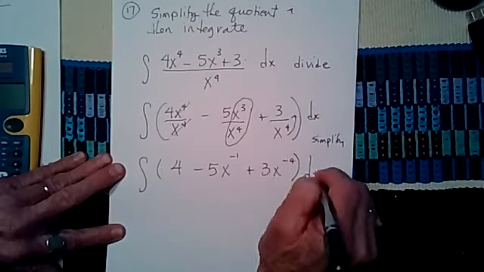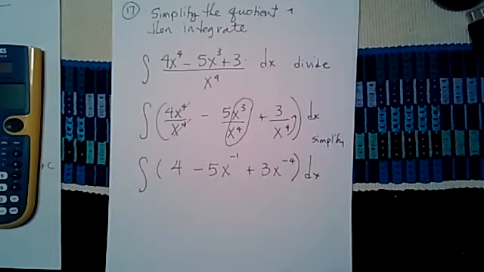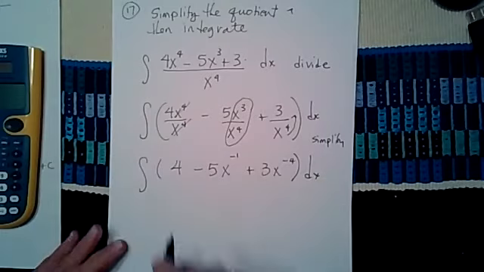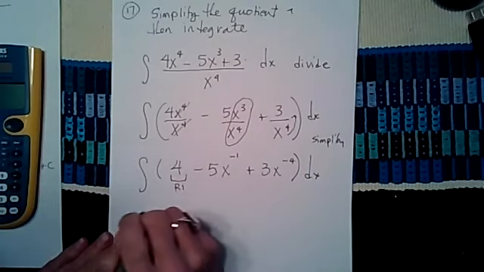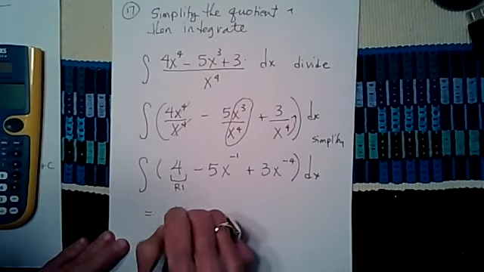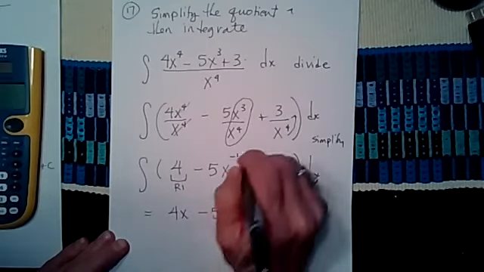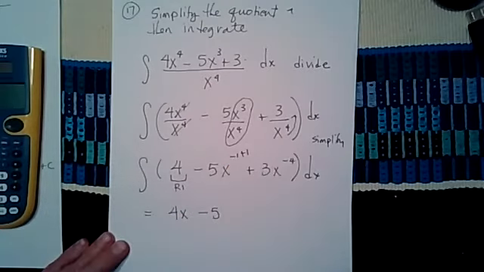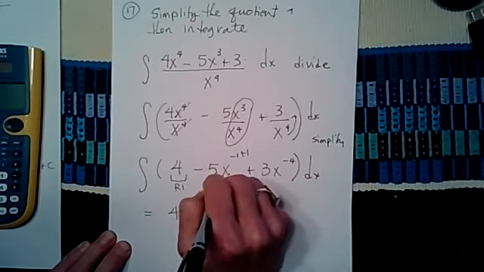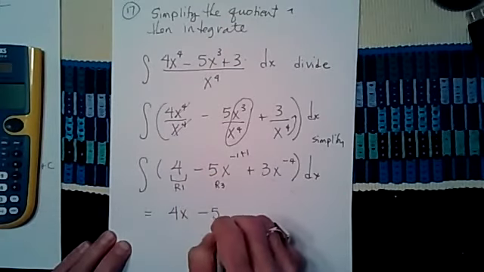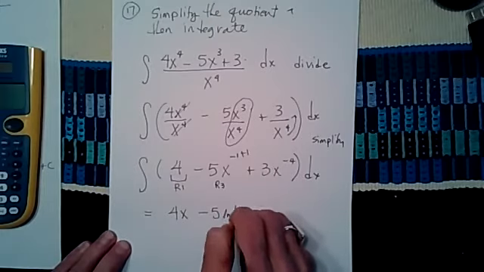And now I'm ready to apply my rules, okay? So 4 is just a constant, so that's rule 1. So that's going to be 4x, bring my constant. What happens when I add 1 to my exponent here? I get 0 divided by 0, so that's going to be rule 3. So it's going to be ln of the absolute value of x.